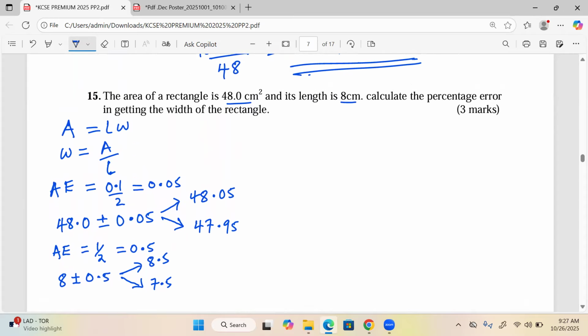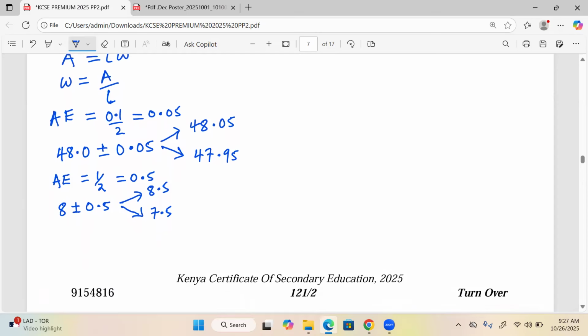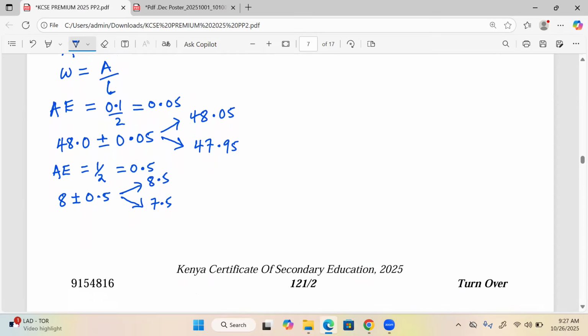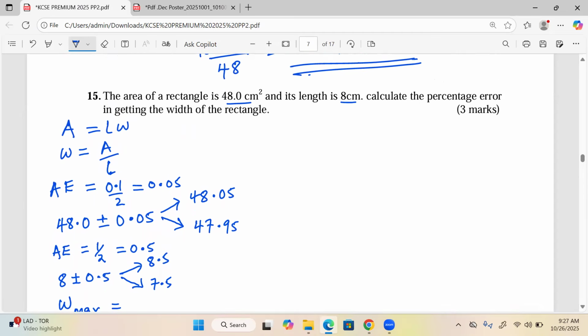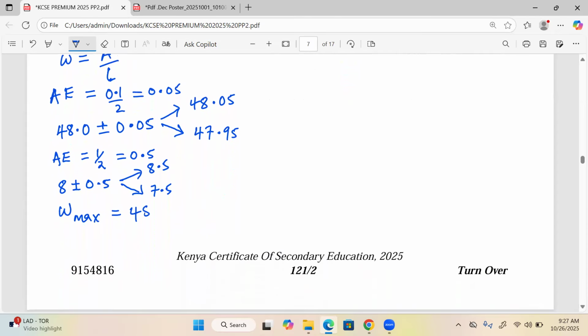So we have upper limit and lower limit in the area, upper limit, lower limit in the length. So with this now, we can work out maximum width. Let's find width maximum. Width maximum requires the highest area, but because it's division, we have to divide with the least length, so that we get the bigger quotient.